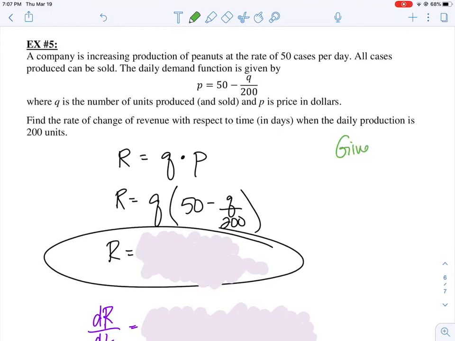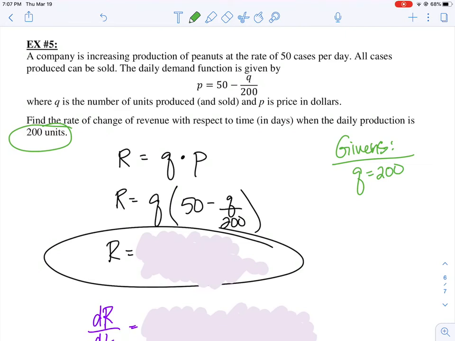So if I was off to the side writing my givens, what do we know? We know that we have, did I say 20 units? I meant 200 units if I said 20, sorry. We have 200 units. So I know that Q is 200.